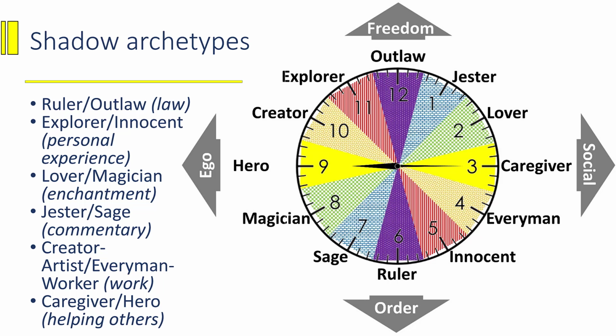The final shadow pair are the two philanthropic archetypes. Both the hero and the caregiver focus on helping others. The hero is a sacrificial protector of group members or values. So is the caregiver. But these characters differ sharply. They are opposites on the ego-social axis.